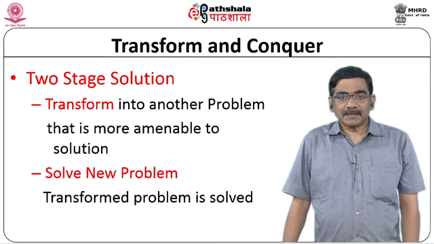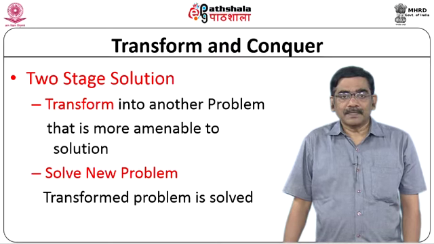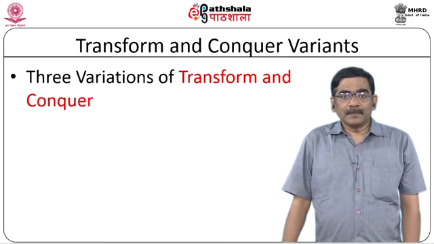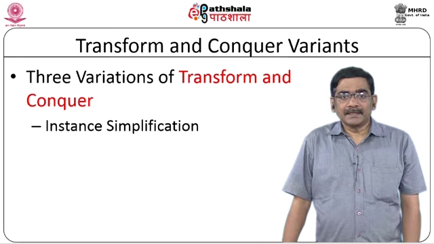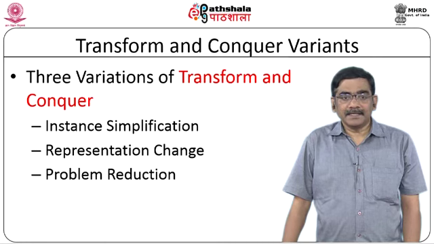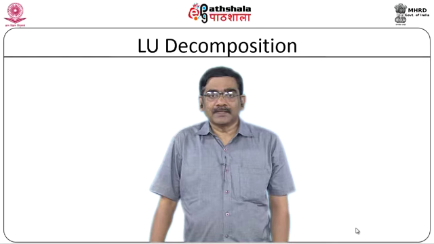We also discussed how to transform the problem of finding LCM to GCD finding. We also said that the various variants are instance simplification, representation change and problem reduction, and we started the discussion of instance simplification, where we discussed the Gaussian elimination procedure.